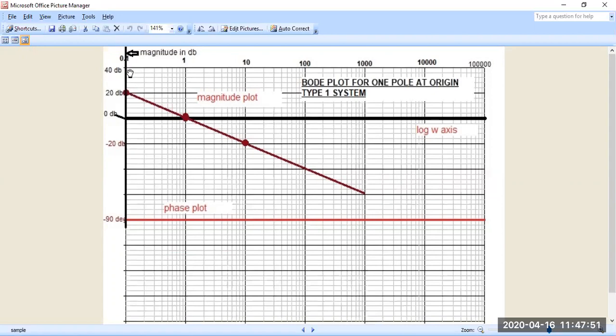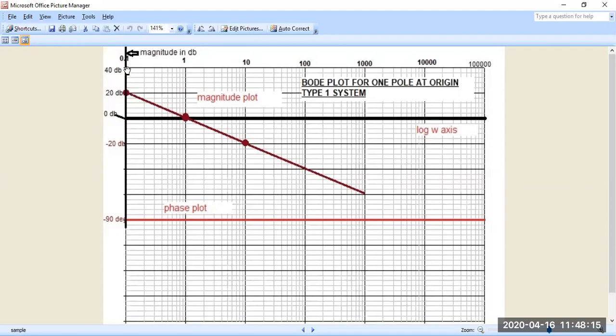That is from 0.1 to 1, because at 0.1 the magnitude is 20, at 1 the magnitude is 0. So suppose I draw a line connecting 20 dB and 0 dB. This line will be called a line with a slope of minus 20 dB per decade, because the magnitude is changing from 20 dB to 0 dB in 1 decade.